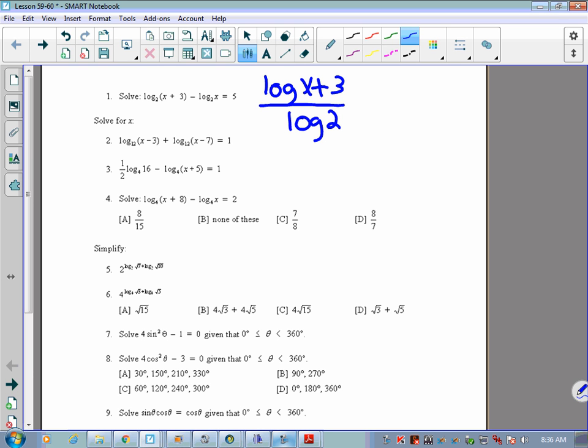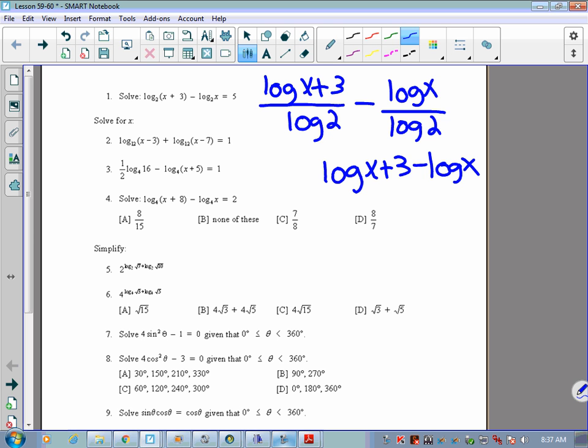Then we subtract log x over log 2. Now I have two fractions with the same denominator, so I can rewrite that as log of (x plus 3) minus log x, all over log 2, and that's set equal to 5.